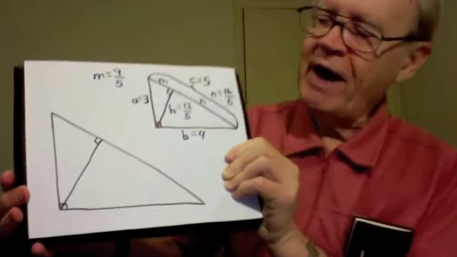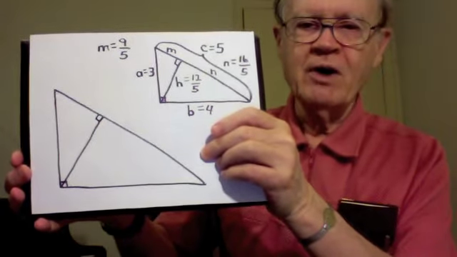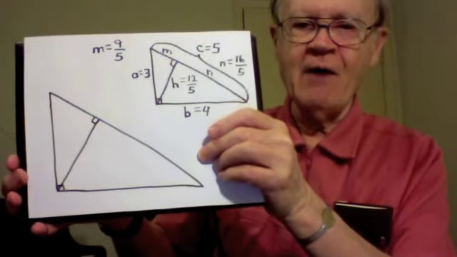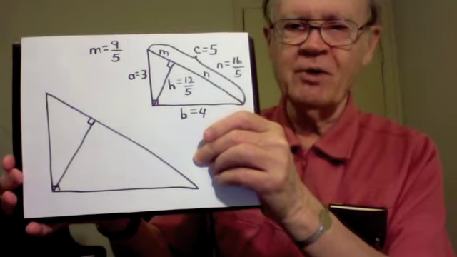Now we go to a larger triangle similar to this one, and we want all 6 of these to be counting numbers, not just the A, the B, and the C, but the M, the N, and the H also.